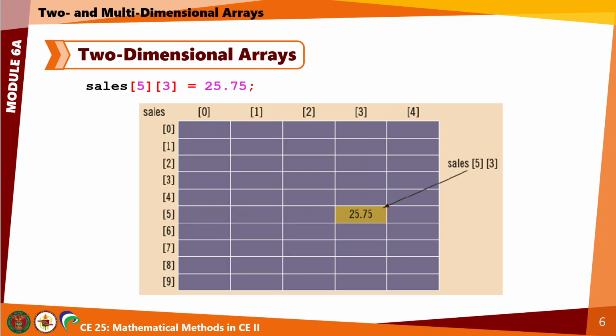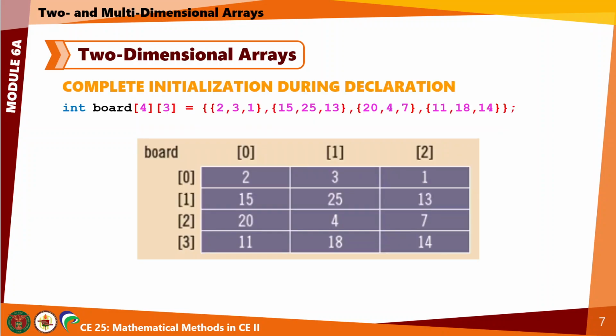Now, paano tayo nag-initialize? So, declaration, ganun lang, kasimple. Paano naman tayo nag-initialize? Just like what we do sa ating 1D arrays, we list down, di ba, lahat ng elements and then separate by commas. Pero paano to? May rows tayo, may columns tayo. We just separate yung bawat row natin using braces. So, ganito yung example. If you want to completely initialize yung laman ng ating, let's say, board, yung name ng ating 2D array with 4 rows and 3 columns, we just write each element ng bawat row, and then enclose them sa braces.